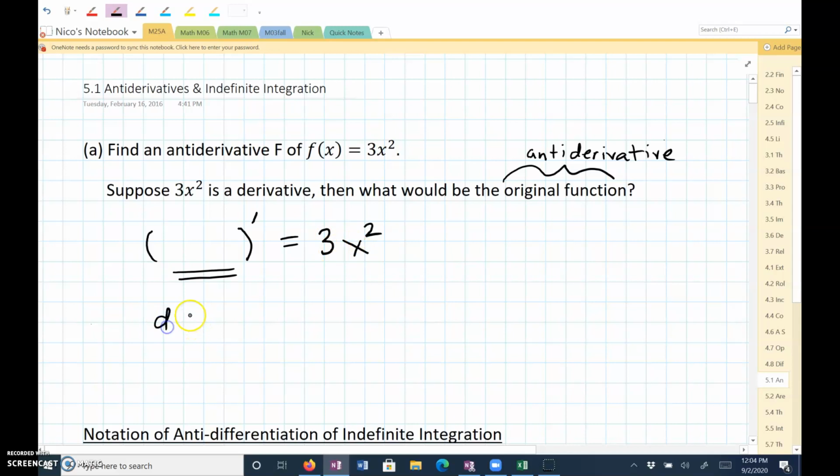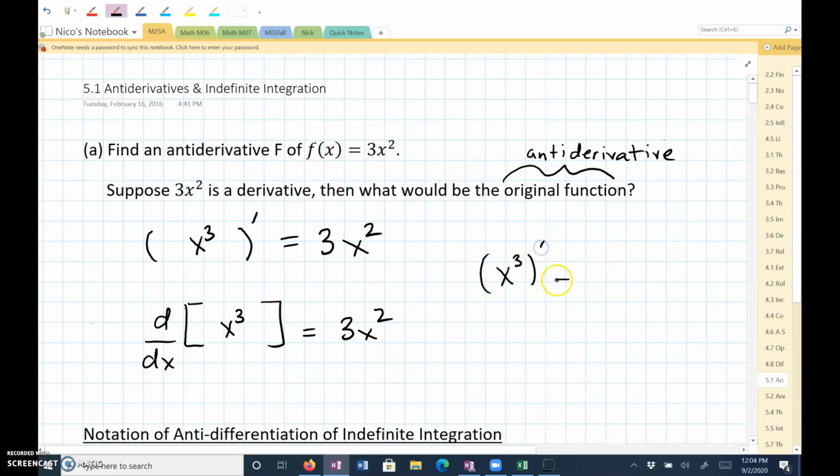Or the derivative of what function with respect to x equals 3x squared? So if you think about this one here, this would be x cubed, because x cubed, if we took the derivative of that, that would be 3x squared.